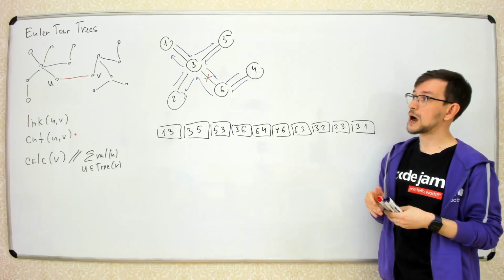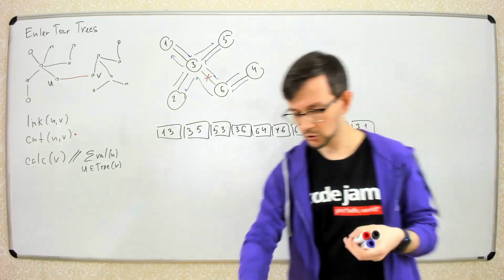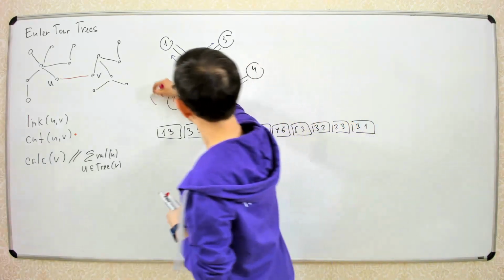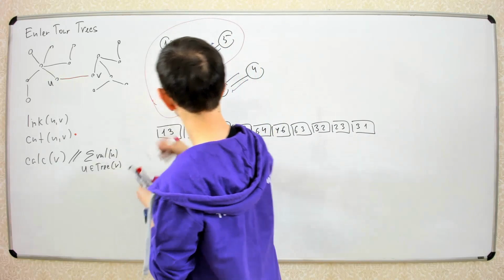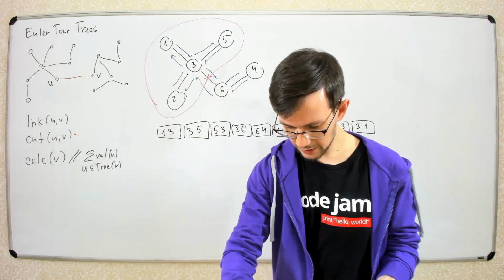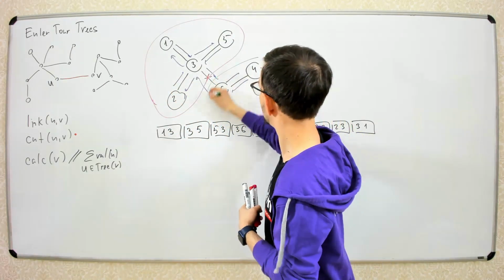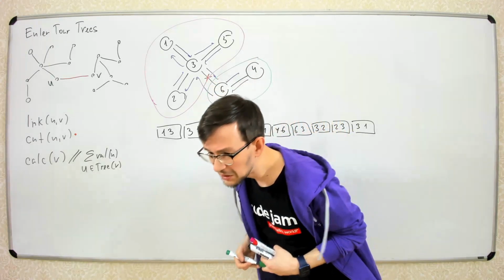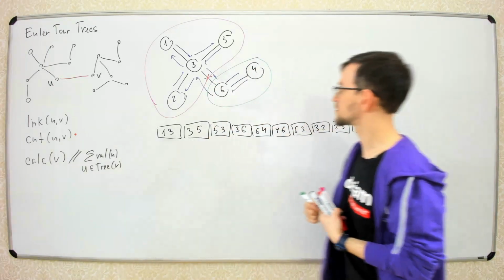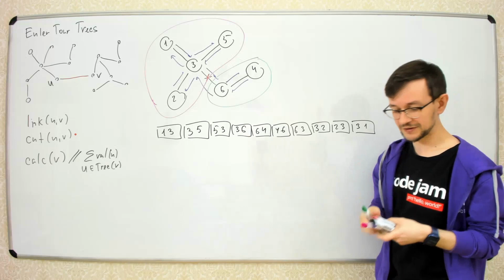Our tree will be separated into two parts. We have this part of the tree, and let's use another color, and we have this part of the tree. I'm not sure if you can see the colors, but these two colors are different.